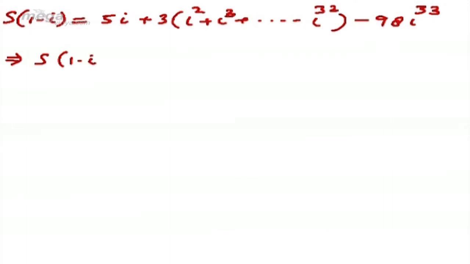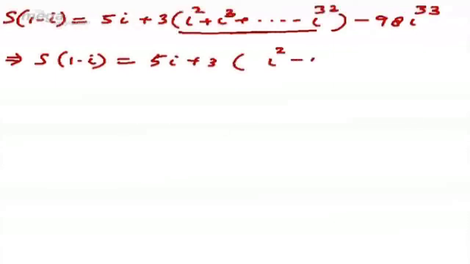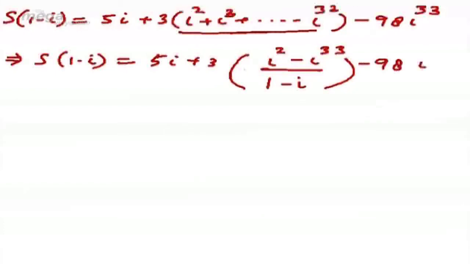S into (1 minus i) is equal to 5i plus 3 into the expression. This is a GP. So the sum of the GP is equal to (i square minus i to the power 33) divided by (1 minus i), minus 98 into i to the power 33. i to the power 32 is equal to 1 because it is equal to (i to the power 4) whole to the power 8.